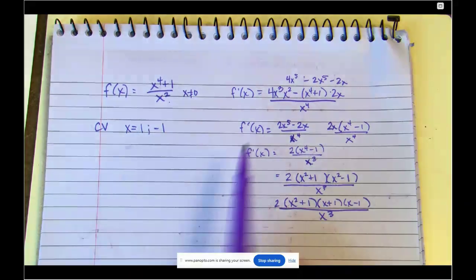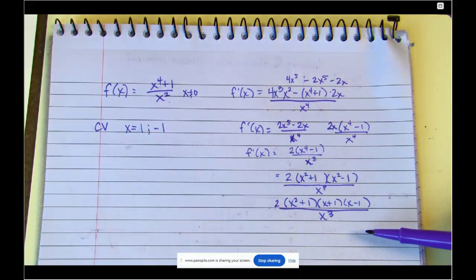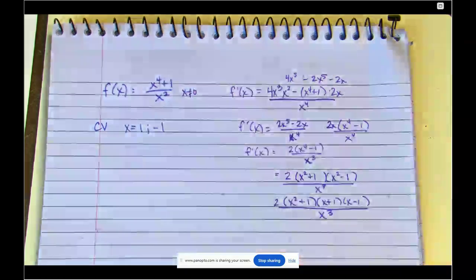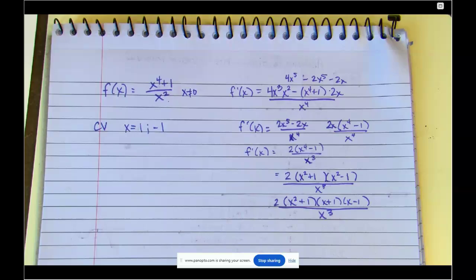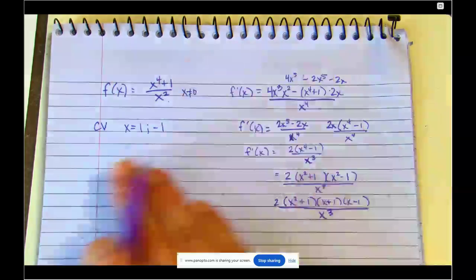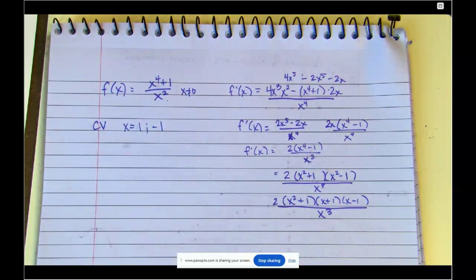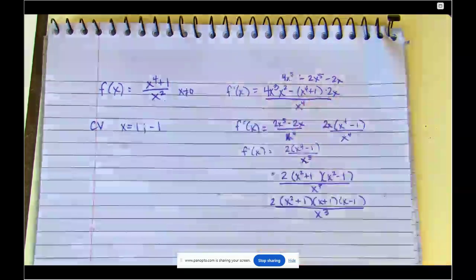While it's not considered a critical value, we still have to use it in the table. The question would be, is 0 a critical value? The answer is no. If the question is find the critical values of f of x, it's only 1 and negative 1, because 0 is not in the domain of the original function.